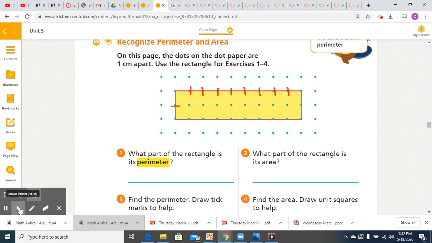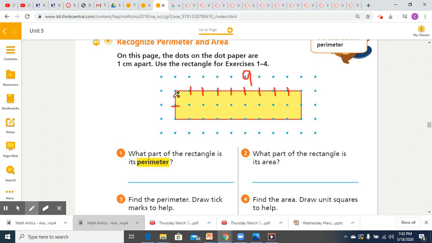Okay, so now that I know that this is 9, I am going to write number 9 on top here so I can remember that this is the length of this side.